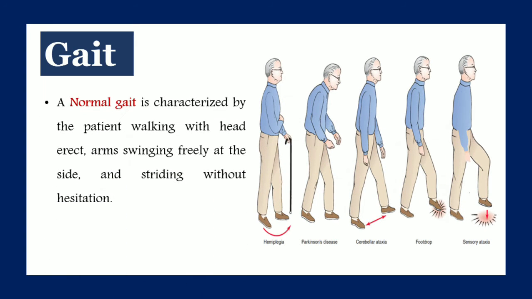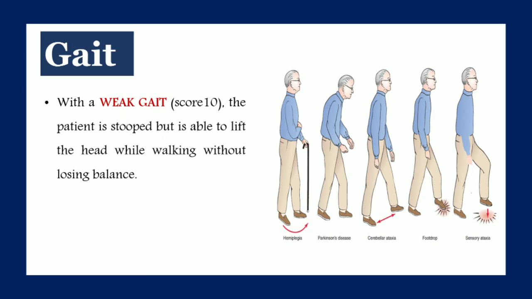The fifth parameter is gait. The normal gait is characterized by the patient walking with head erect, arms swinging freely at the side and striding without hesitation. So the gait score is 0 if the patient has a normal gait. With a weak gait, the patient is stooped but is able to lift the head while walking without losing balance.